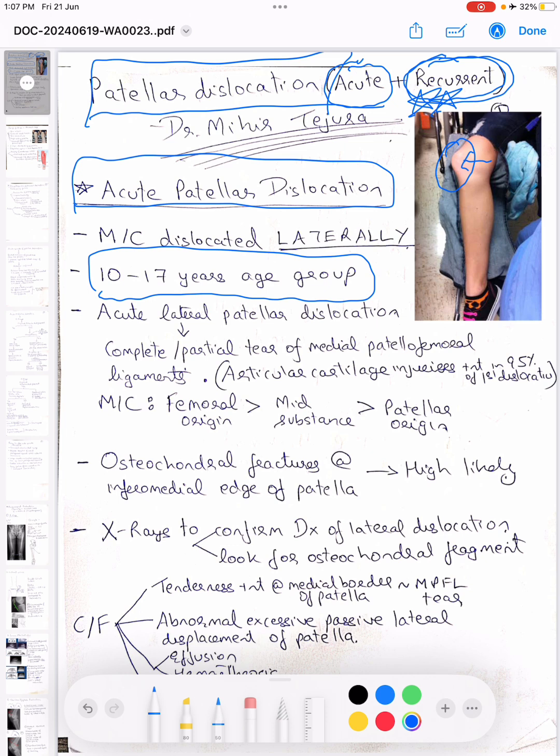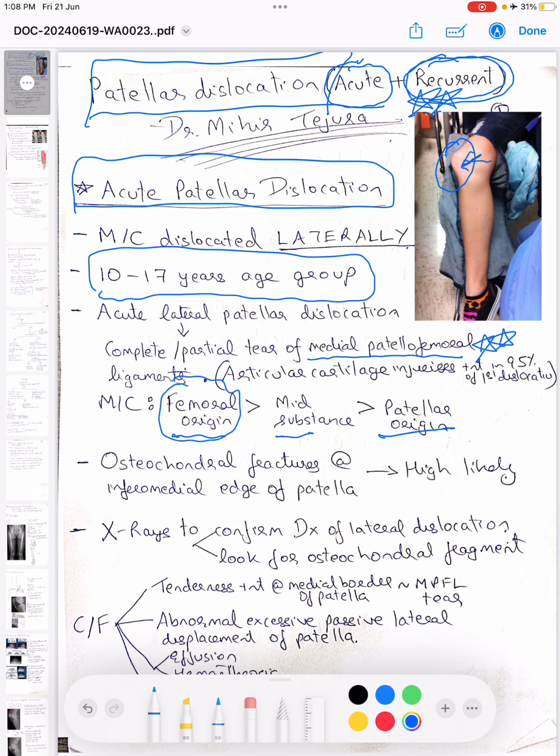Whenever you get a case of acute lateral patellar dislocation, which is the most common, you are suspecting a complete or partial tear of the medial patellofemoral ligament. Most commonly it is from the femoral origin, less commonly mid substance, least commonly patellar origin.